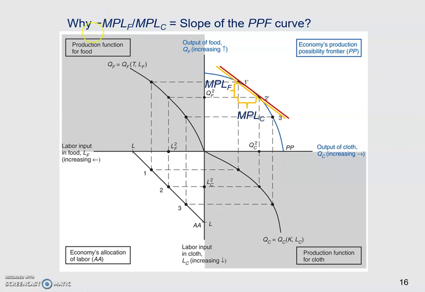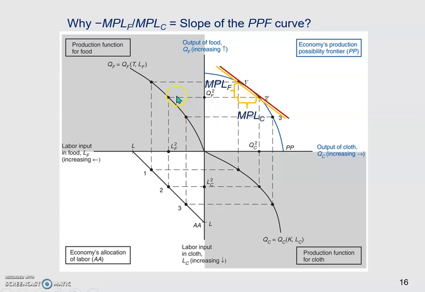That's why we add this minus sign. So here we use a graphical way to prove that this is exactly the slope of the PPF, which is measured by this red line here. But because these two are parallel, their slopes should be equal, right?